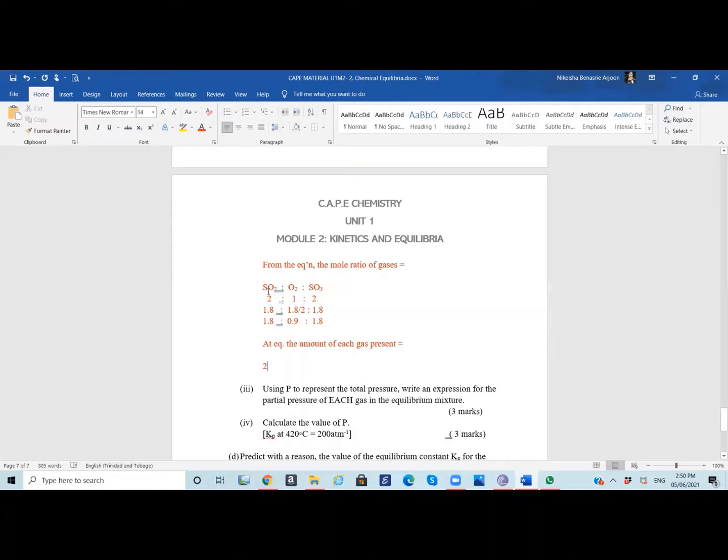For the SO2, that 2 moles now minus 1.8 moles that would have reacted, because 1.8 moles reacted. So you'll have 0.2 moles of SO2 present at equilibrium. That's what remained.